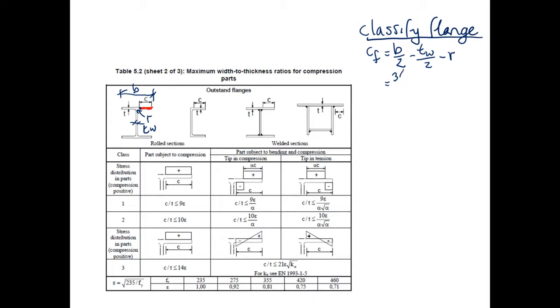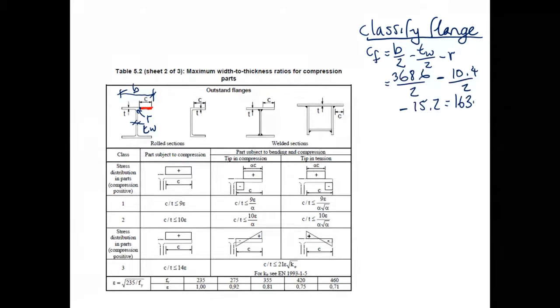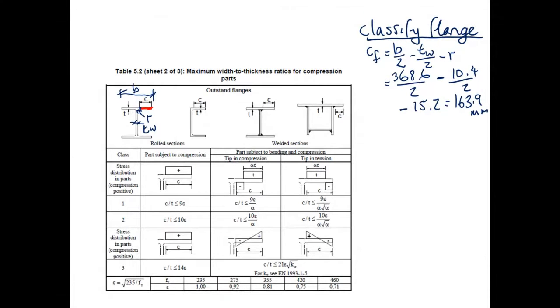And then from the blue book, we found out that B is 368.6, divide that by 2, minus the thickness of the web, 10.4 divided by 2, and minus again the root radius, 15.2, and that's going to give us a value of 163.9 millimeters. And we know that the thickness of the flange, straight from the blue book, is 17.5.